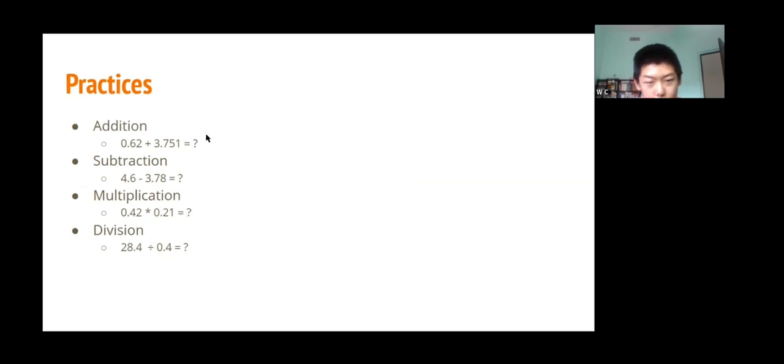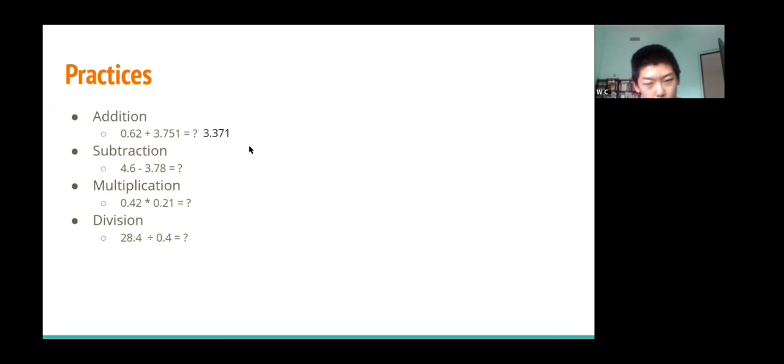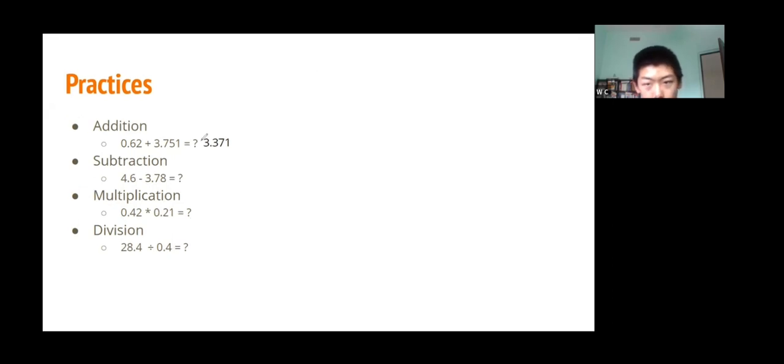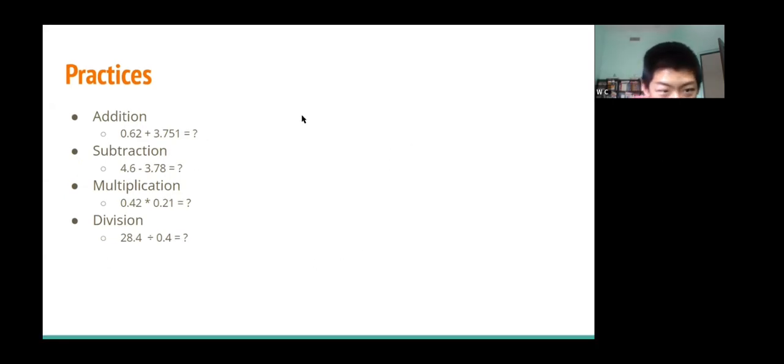Addition, the answer to this addition problem is 3.371. Wait, hold up. It's not 3.371. The answer to this addition problem should be 4.371, actually.